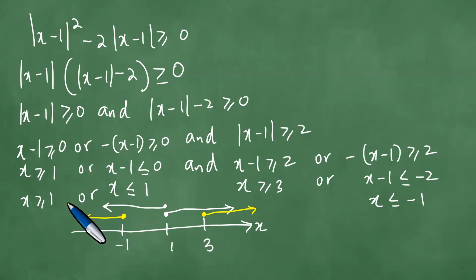Right, after this, we're looking at parts where these are simultaneously satisfied, and the solution to the question is given by what? Because of this overlap here, we have that x is less or equal to -1, right?